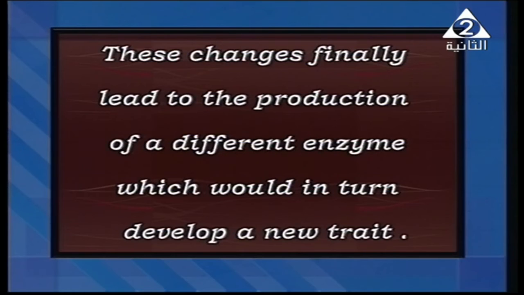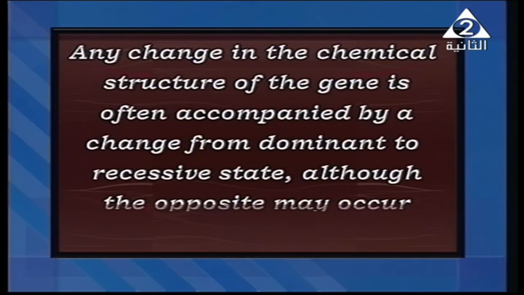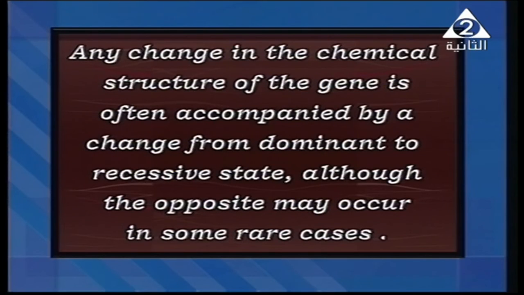These changes finally lead to what? Production of different enzymes, which would in turn develop a new trait, give us another trait, okay? Any change also in the chemical structure of the gene is often accompanied by change from dominant to recessive state.